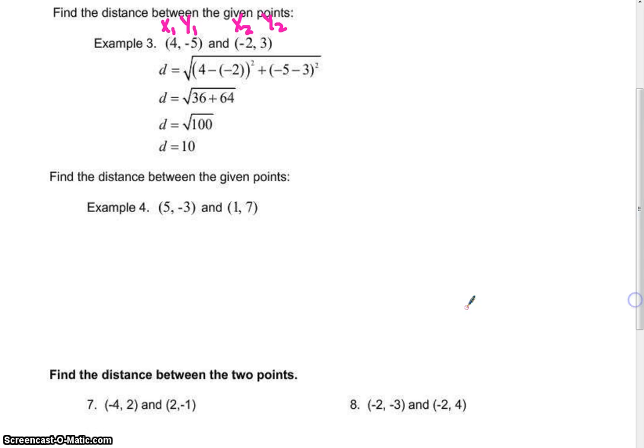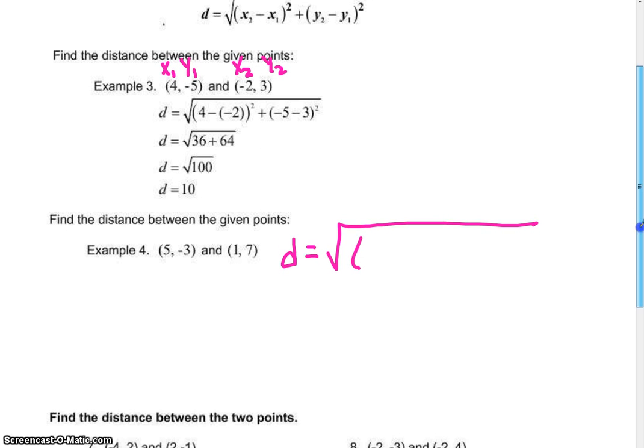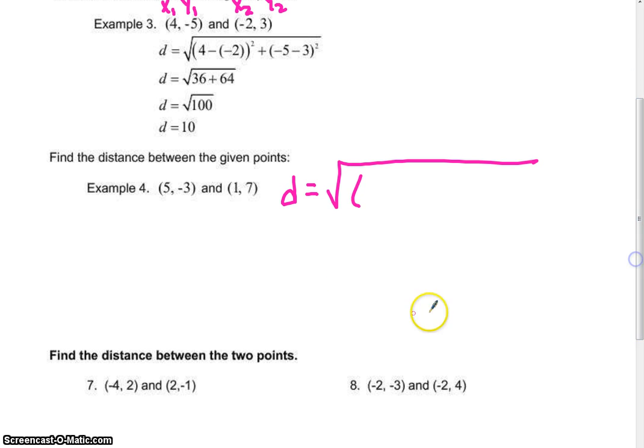So looking at this example, distance is going to be equal to the square root of x1 minus x2, or x2 minus x1. It doesn't matter which one you do first as long as you're consistent. So this would be like 5 minus 1 quantity squared plus negative 3 minus 7 quantity squared.